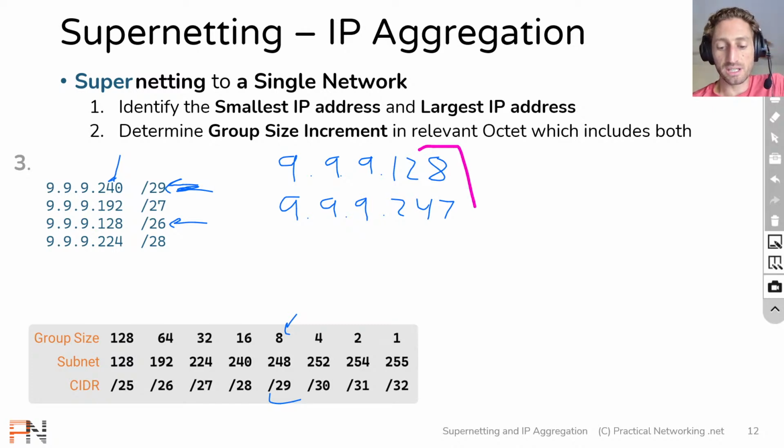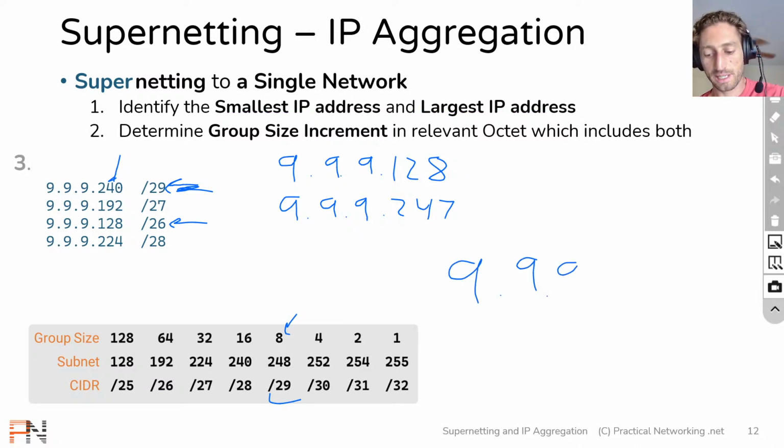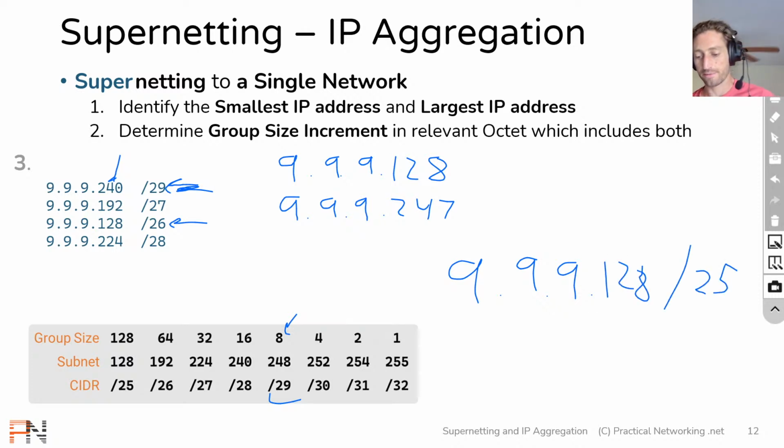But it does indeed include both the largest and the smallest IP address, which means that is going to be the answer. So the answer to this guy would be 9.9.9.128/25. That would include all of those four different size subnets. Again, the process is always the same. I'm just following these 2 steps.